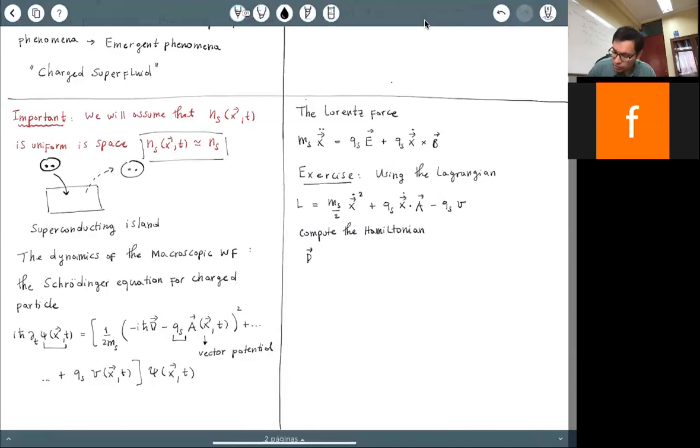And because we have a charged particle, this P shows a change in the momentum that has to do with the charge of the particle, in this case twice the electron charge, that would be the charge of a Cooper pair, times the vector potential, and this is the minimal coupling.